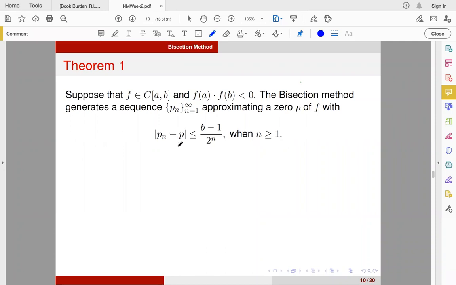This theorem guarantees that the procedure that we perform will converge. And this is the rate of convergence.